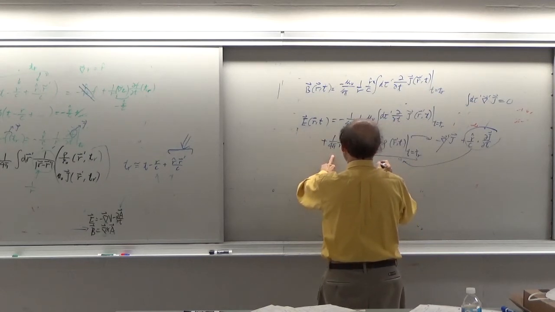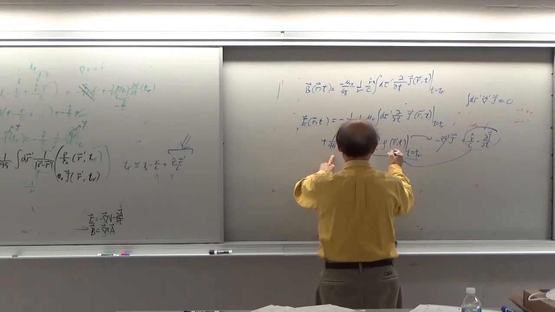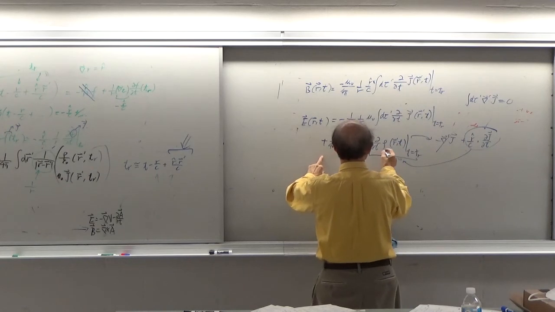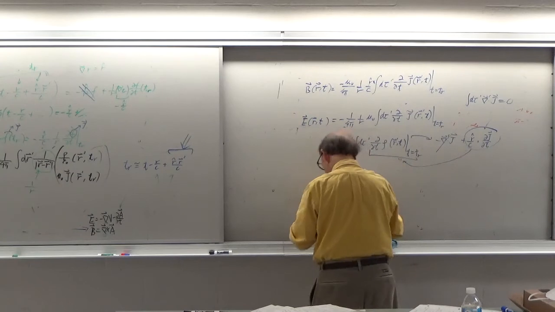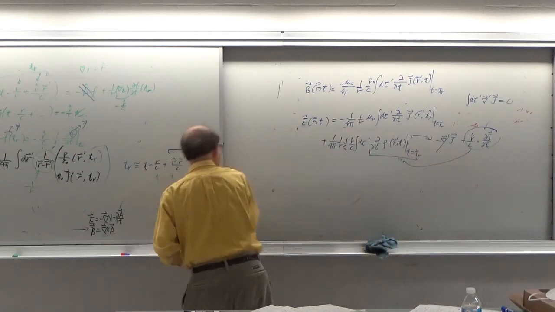So this term, E is given by this term plus this term. And this term now, let me write down in green color.